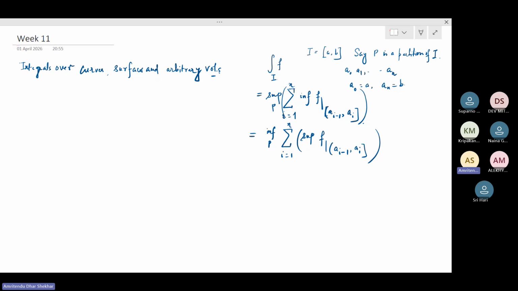We say that the function is Riemann integrable if it can be represented as the Riemann sums, and these two quantities turn out to be the same.